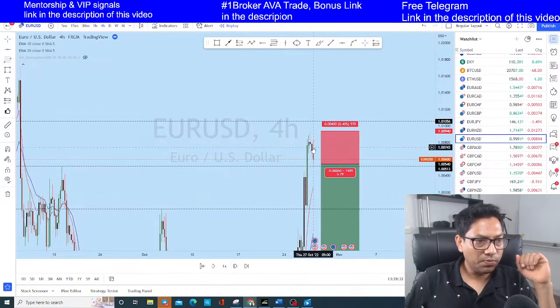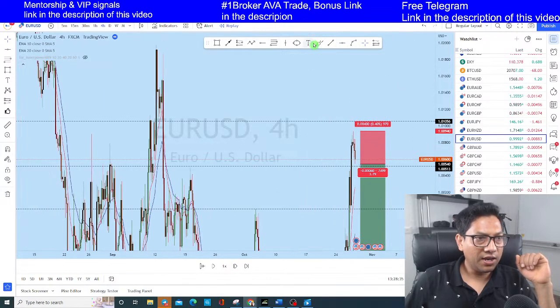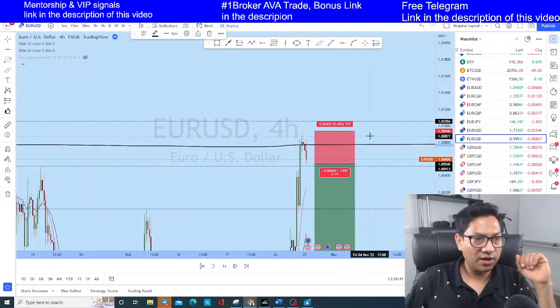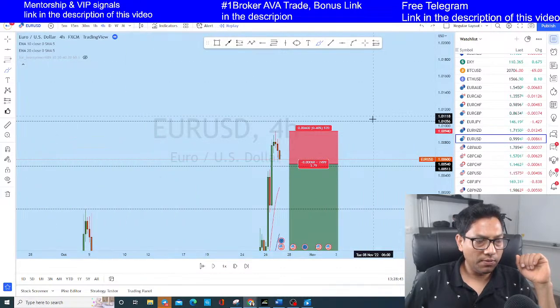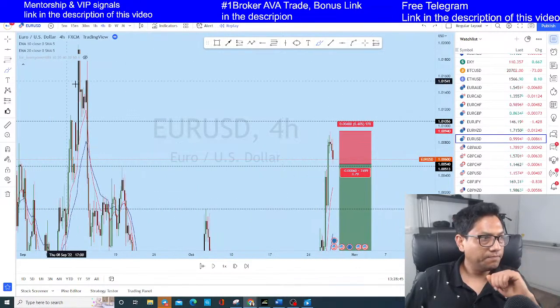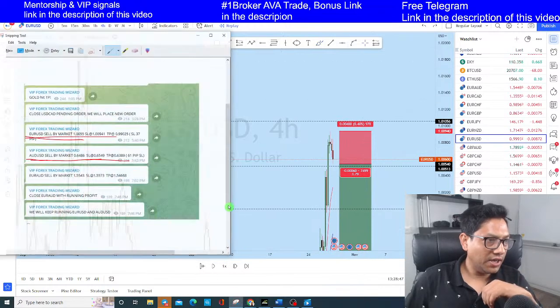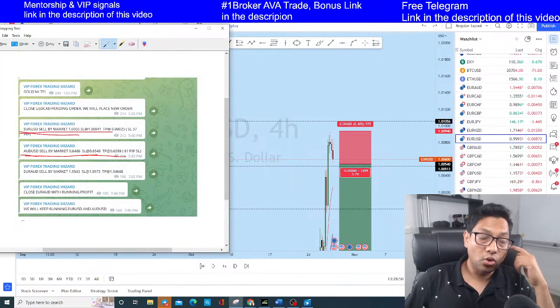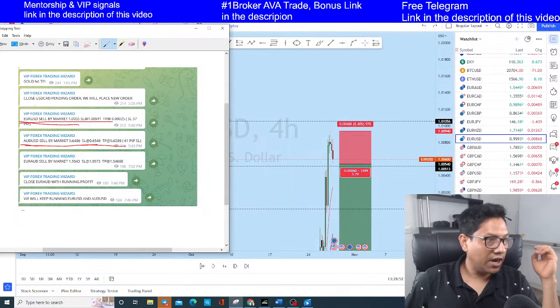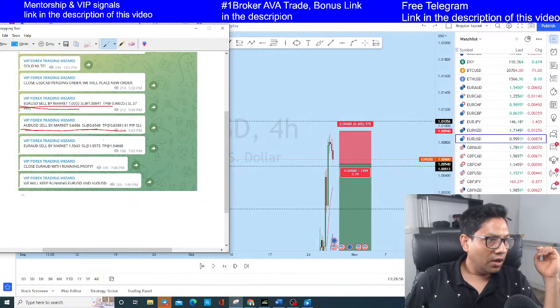And when this pattern develops, with the market in an overextended zone, I realize, okay, now I'm going to sell this market, keeping a stop loss above and a big profit target. And that is what we did. You can see that we sold euro dollar and Aussie dollar, which are running in very good profit, 4 times profit on euro dollar.